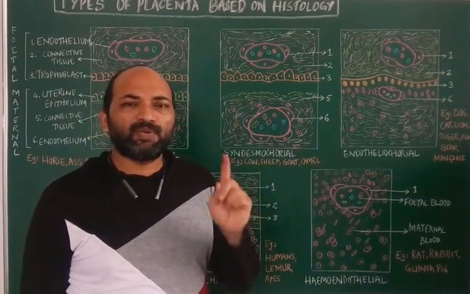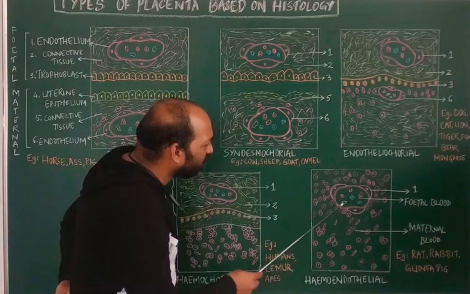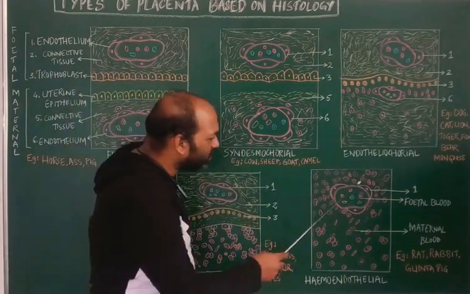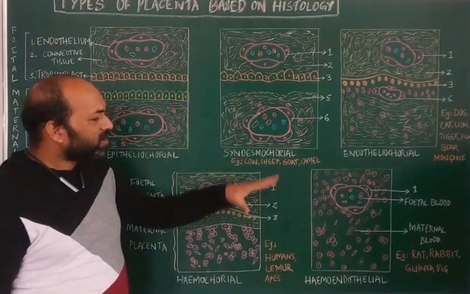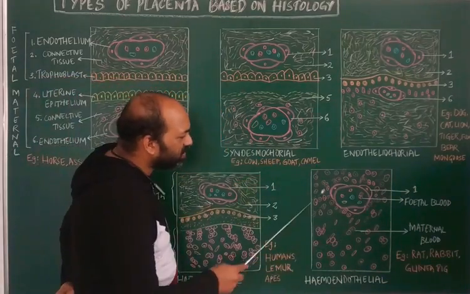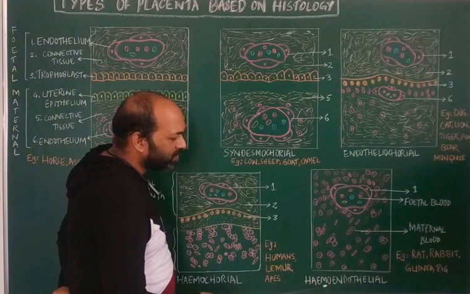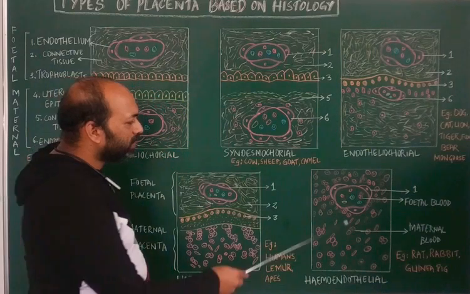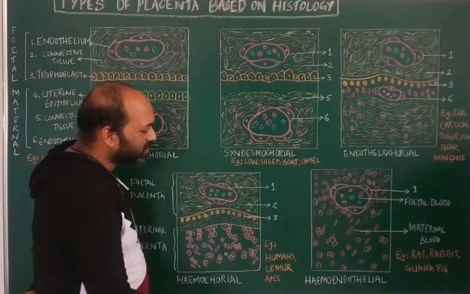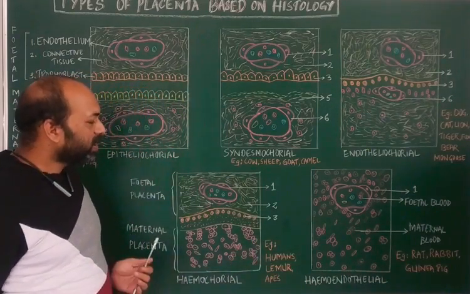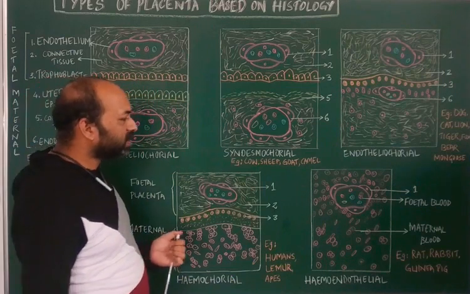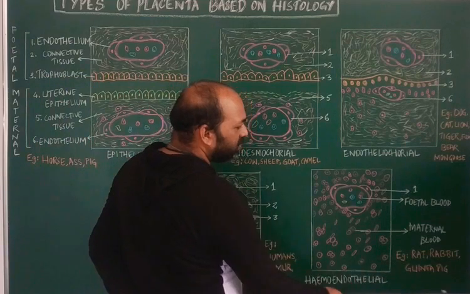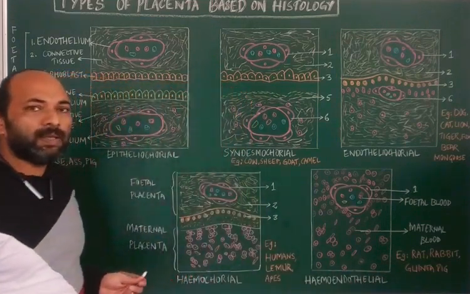The fetal blood vessel, that is the endothelium of the fetus, is completely immersed, or bathed, in the blood of the mother. That is why it is called Hemoendothelial placenta, which is commonly seen in rat, rabbits, as well as guinea pig.